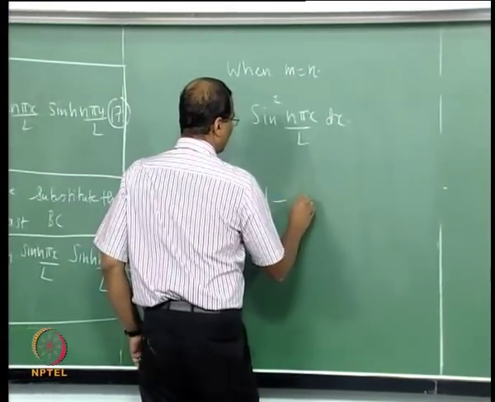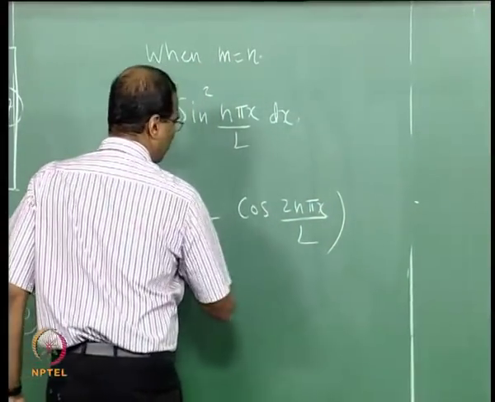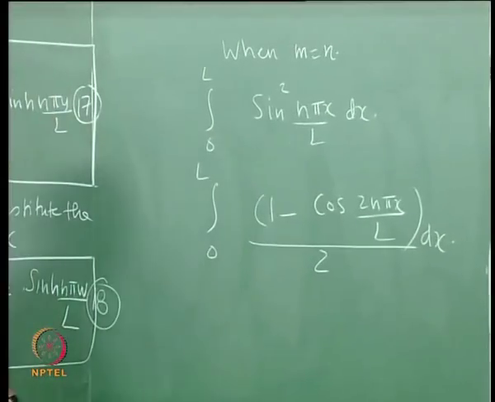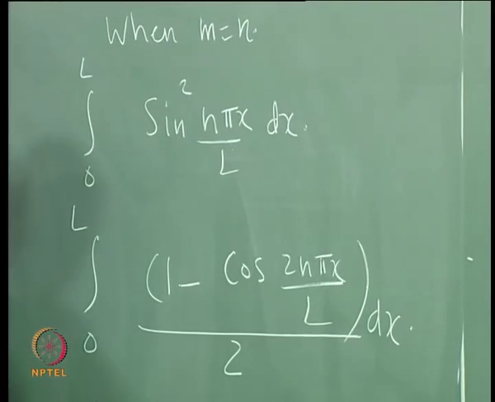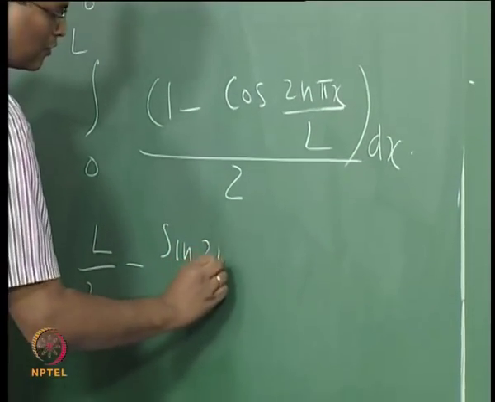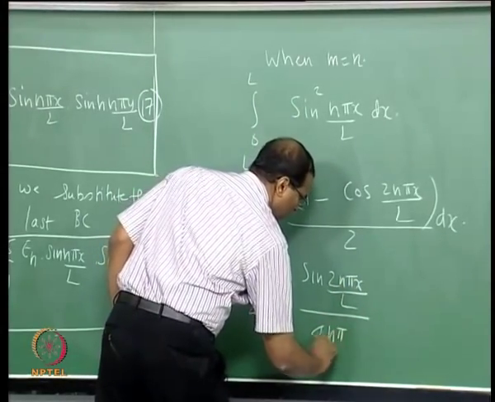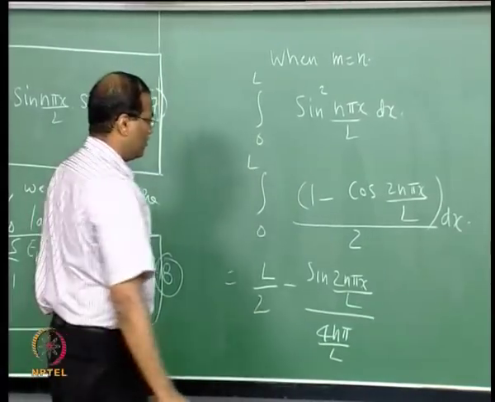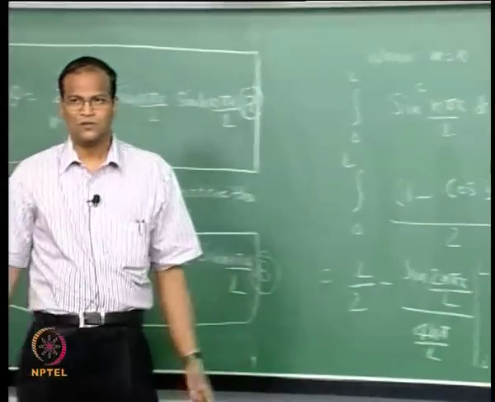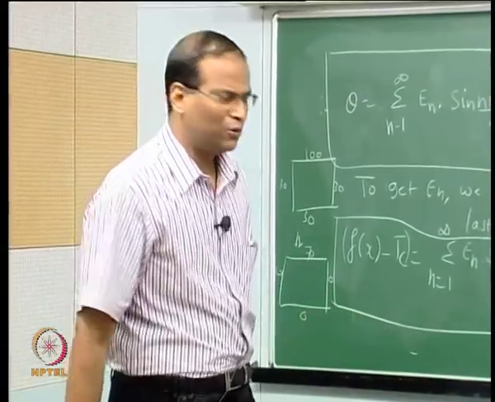So 1 minus cos of 2 n pi x by L, whole by 2, is equal to x by 2 minus sin of 2 n pi x by L over its denominator. Sin of n pi, sin of 0, everything is 0. So this is nothing but L by 2, very good.